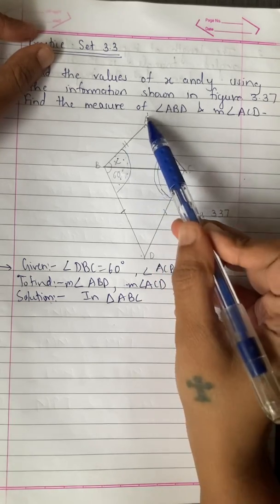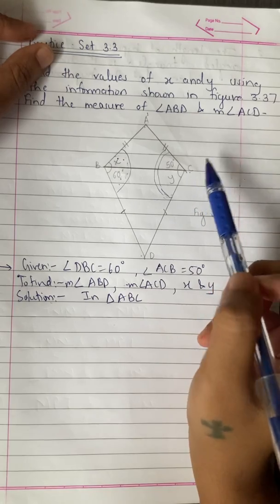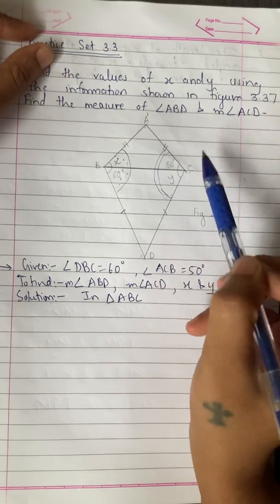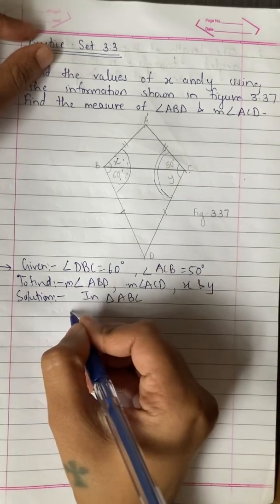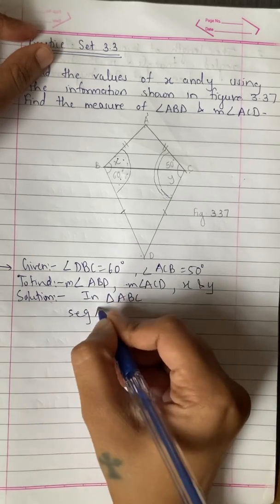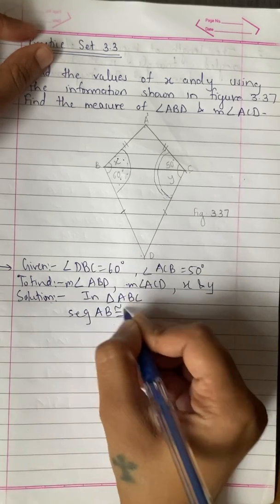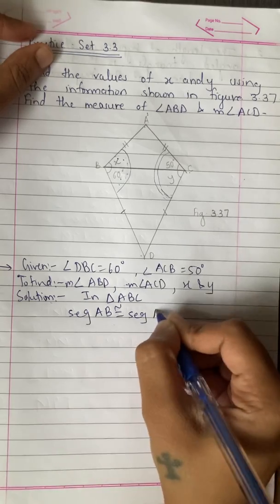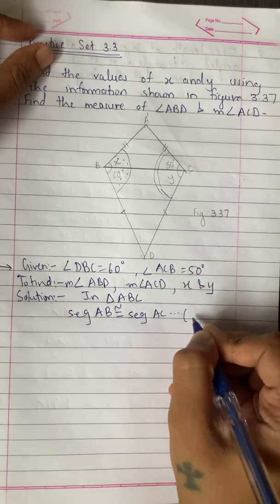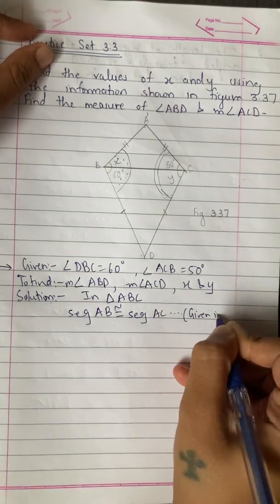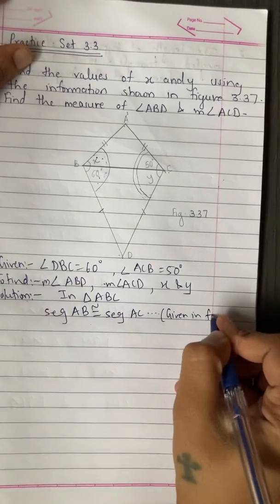So in triangle ABC, side AB is congruent to segment AC, given in the figure. Write down given in the figure.